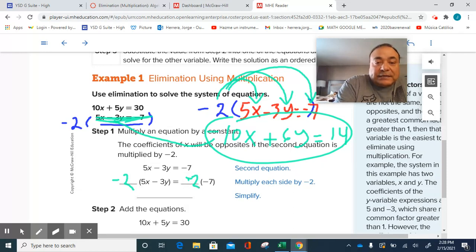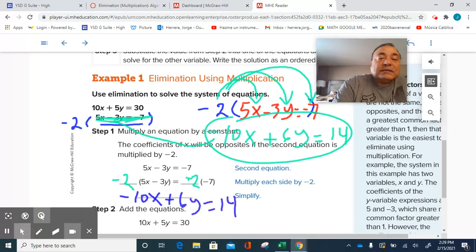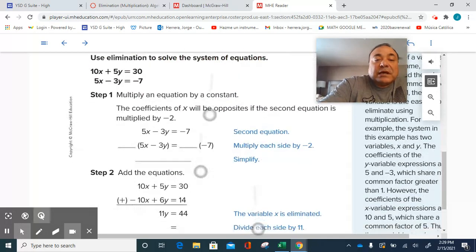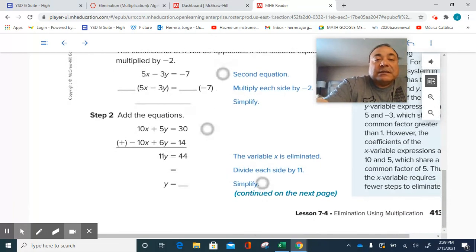So we're going to get -10x plus 6y equals positive 14. With that in mind, guys, we're set to do some really good things. Let me erase all that, and I'm going to put this up just a little bit there.